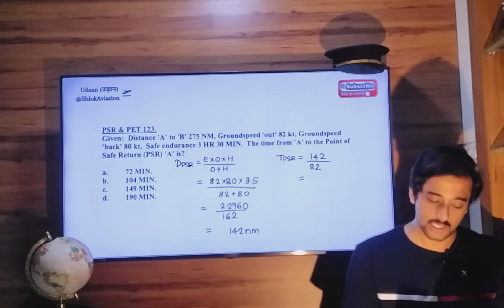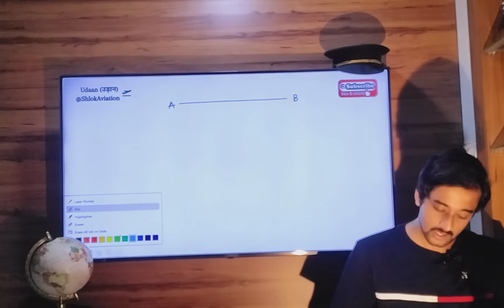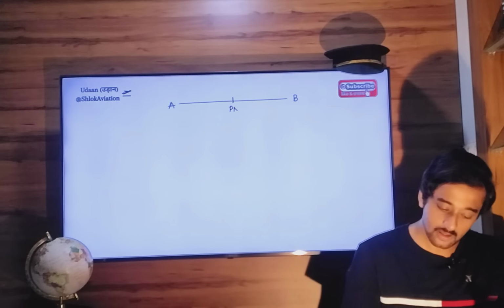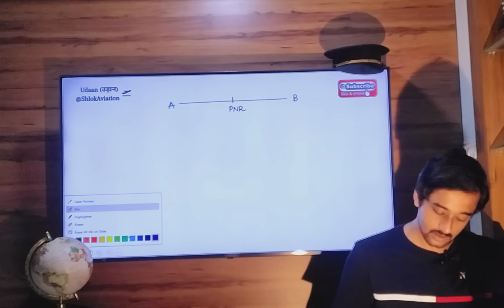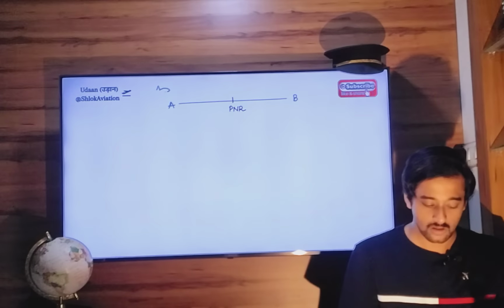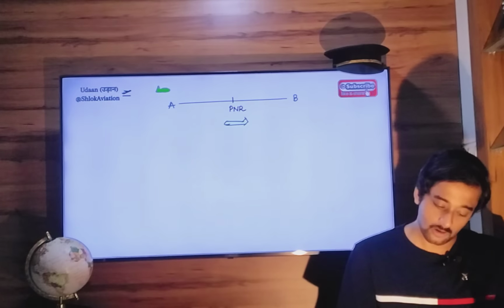Next, again, point A, point B. Here is your point of no return. Here is your aircraft at A, at point of no return.